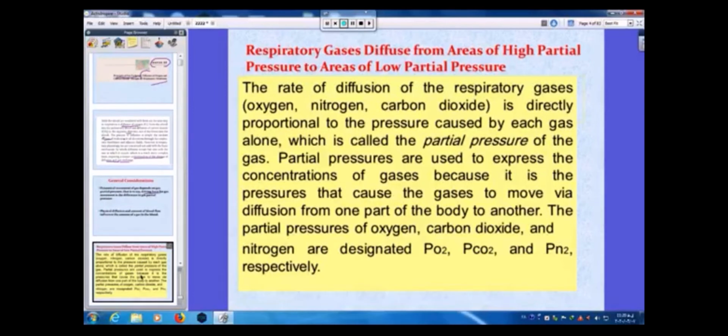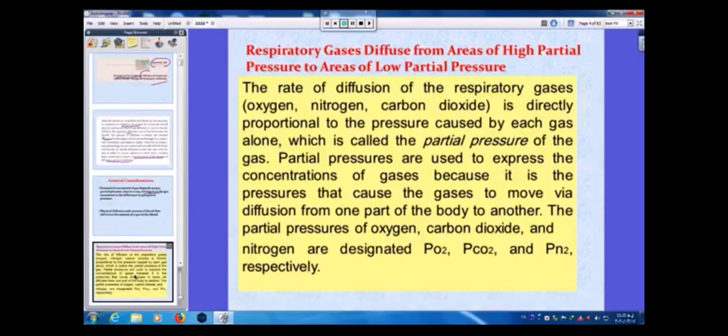Respiratory gases diffuse from areas of high partial pressure to areas of low partial pressure, okay? And the rate of diffusion of the respiratory gases, for example oxygen, nitrogen, and carbon dioxide, is directly proportional to the pressure caused by each gas alone, which is called the partial pressure of the gas.